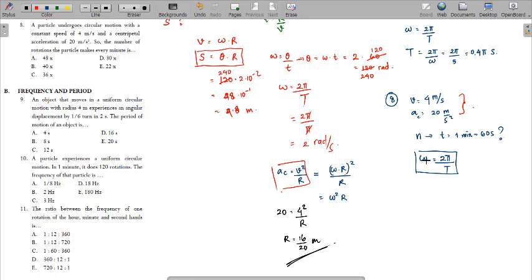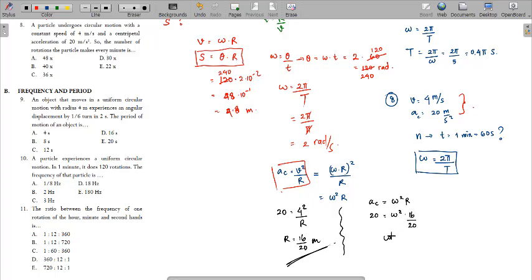Okay, because you need to use angular speed, we can start from here, I think. Oh yeah, centripetal acceleration also equals omega square times r. And centripetal acceleration is 20. Omega now you don't have, and r you know now, you have 16 divided by 20.